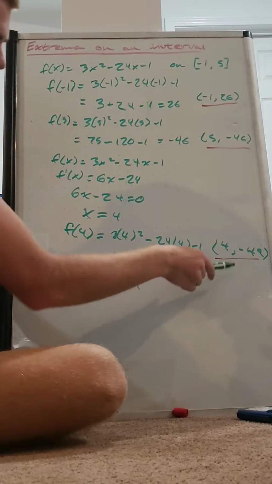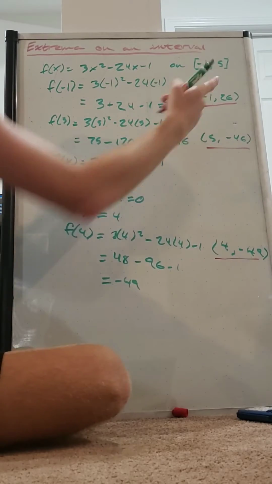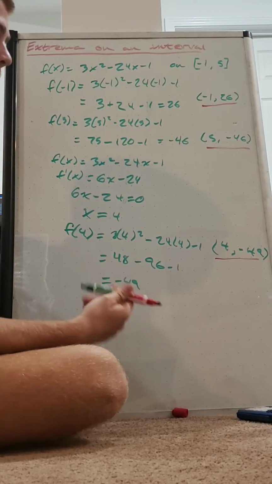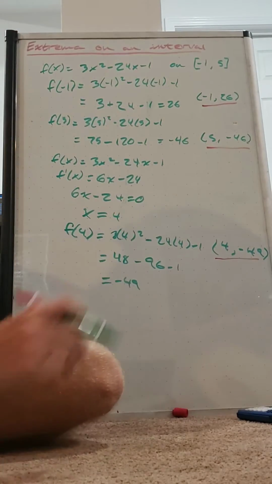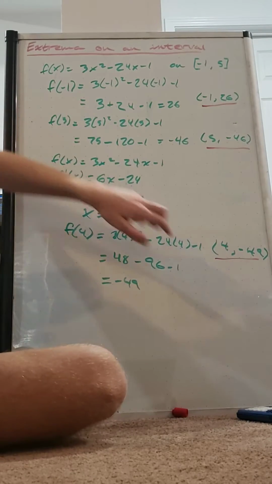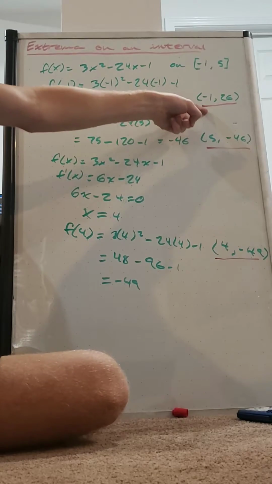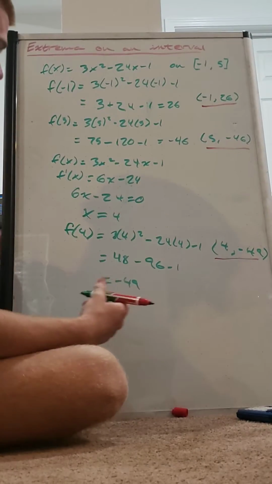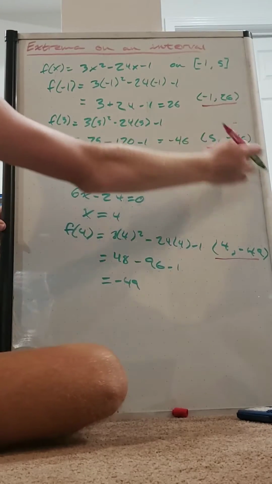And looking at these, we can determine our maximum and minimum values on this interval just by looking at the y values, right? So from here we can see this is going to be our maximum on the interval, obviously because this 26 is greater than these two.